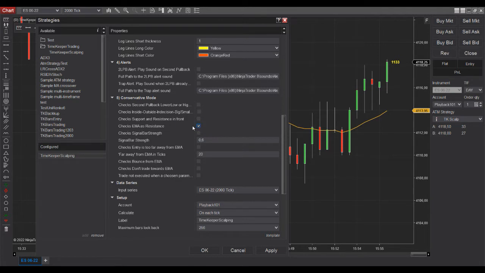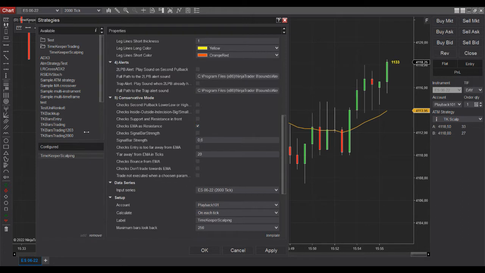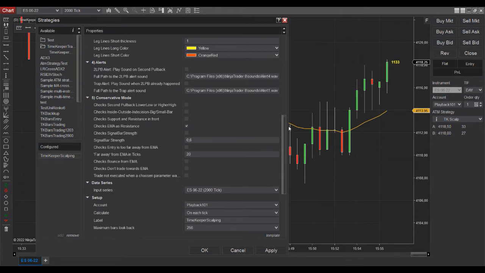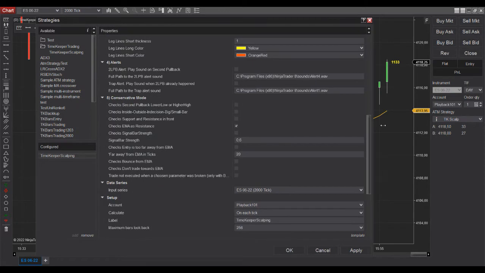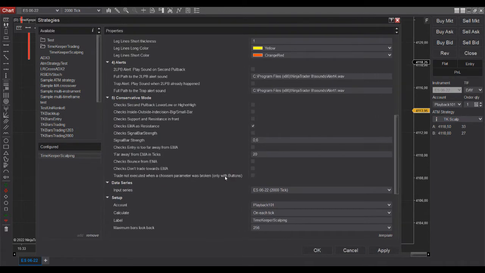It can be shown in the message as a broken rule, but if you do not want to take the trade with the buttons, you have to click this one here, trade not executed when a chosen parameter is broken. You have to make it a little bit bigger to read it fully. So if you click this, it will automatically cancel an order if it crosses the EMA.